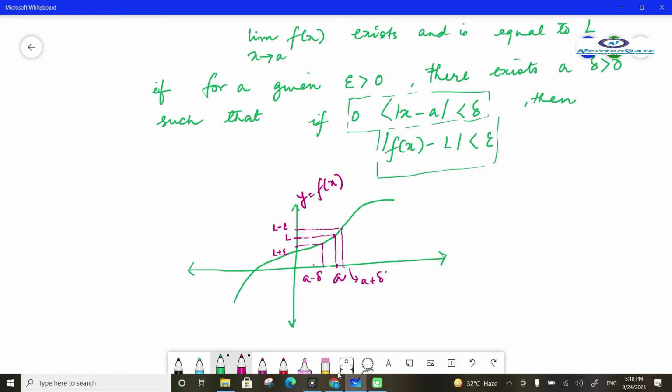The reason we are taking mod here is that I am taking both the left hand limit and the right hand limit. If mod x minus a is less than delta, then x is less than a plus delta, and taking the negative part, minus x plus a less than delta, so a minus delta is less than x.